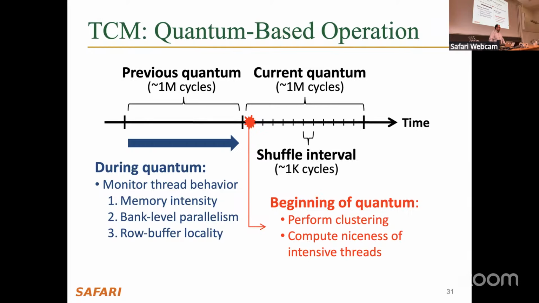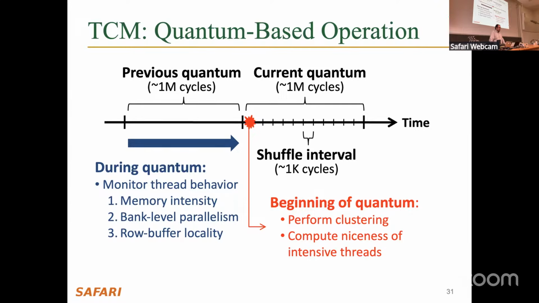However, this can be a problem in the next epoch or next quantum: these threads can change their phase, so a thread which is categorized as non-intensive can actually become intensive. And then you're going to be in trouble. That's correct.